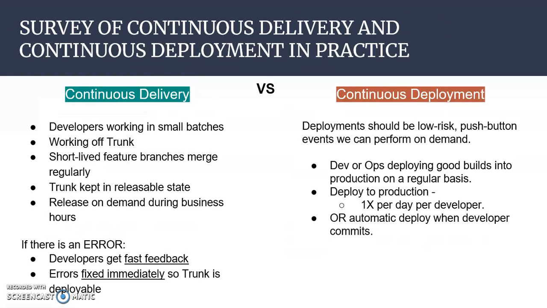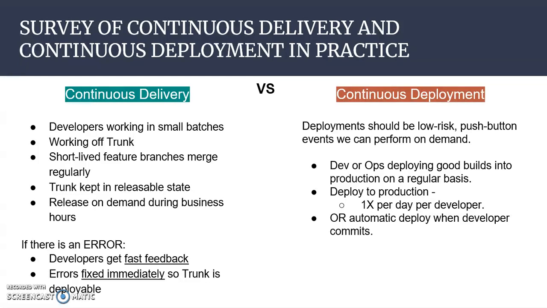Survey of continuous delivery and continuous deployment in practice. In this case, we have continuous delivery. We can have developers working in small batches, working off trunk or short-lived feature branches merged regularly, trunk kept in a releasable state, and release on demand during business hours.